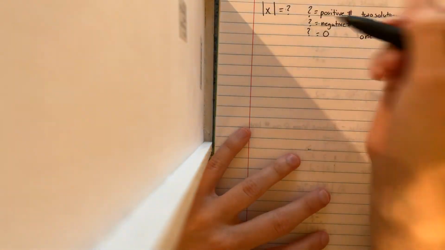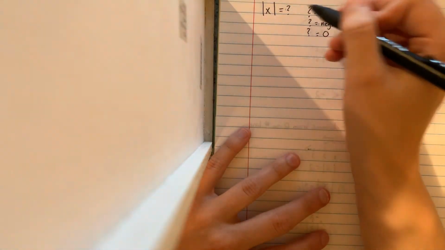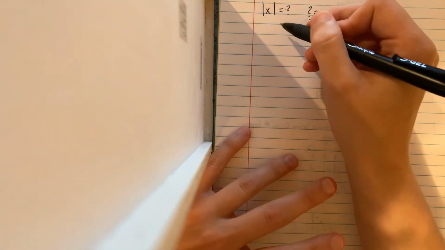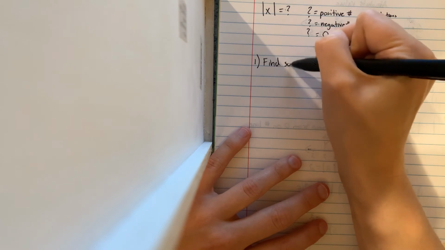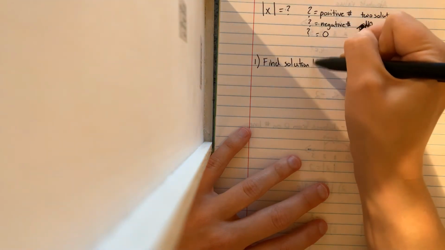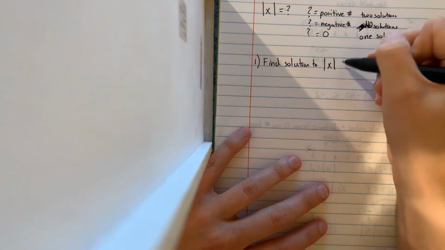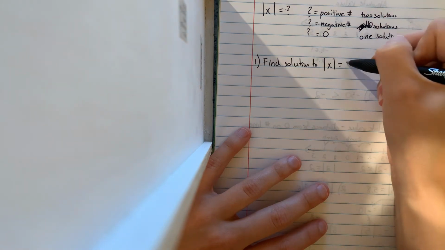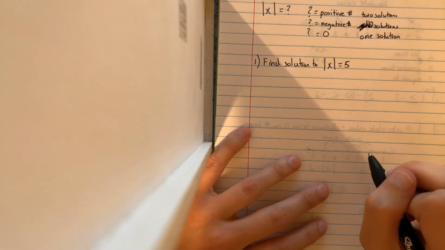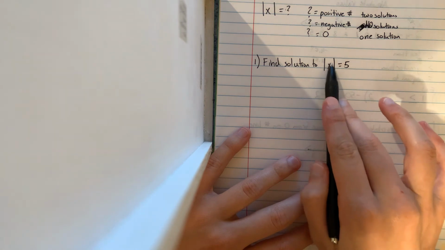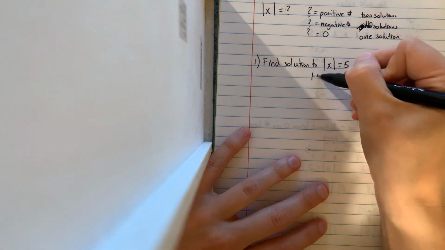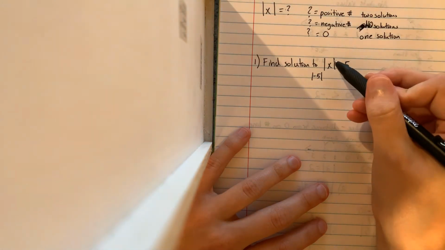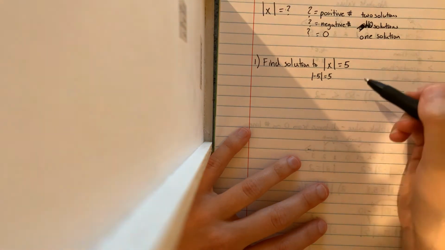So in other words, if they're asking us that question about this, they want us to know what would be the solution to absolute value of x equals 5. Well, there's two values that we can plug into x to make this work out. If we plug in negative 5 into here, that would give us 5.